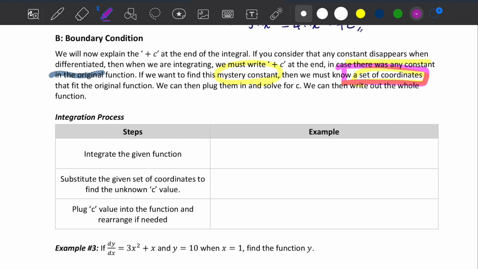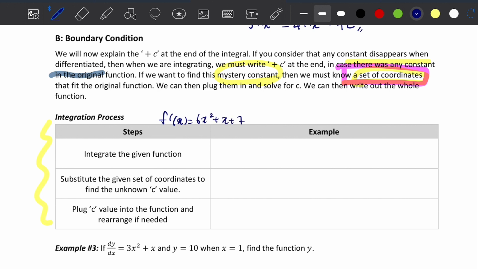So let's look at this integration process. Again, I have put these processes into 3 steps. Let's use the example from example number 1. Example number 1 said that we have a derivative of the function f of x that looks like this, and we need to find the function f of x.